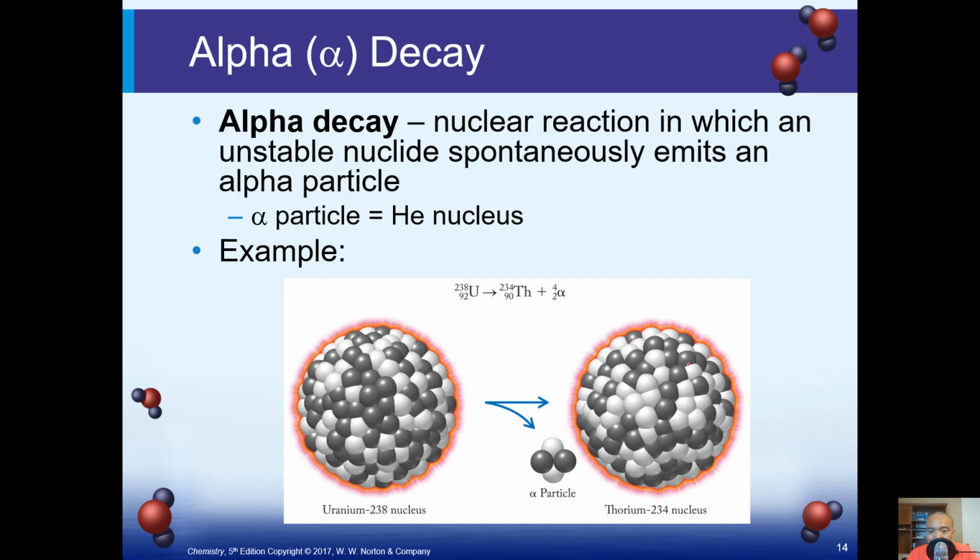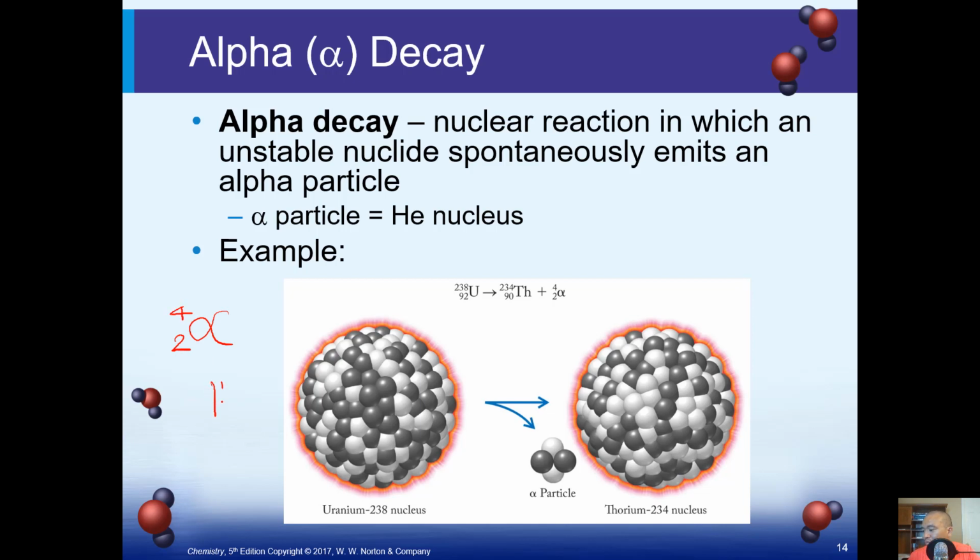In order to obtain a neutron-proton configuration within the band of stability, these heavy nuclei must shed extra nuclear particles quickly. They accomplish this by way of alpha decay, which is the spontaneous emission of an alpha particle, which contains 2 neutrons and 2 protons. Alpha particles can be noted as alpha with 2 neutrons and 2 protons, so that the mass number is 4.